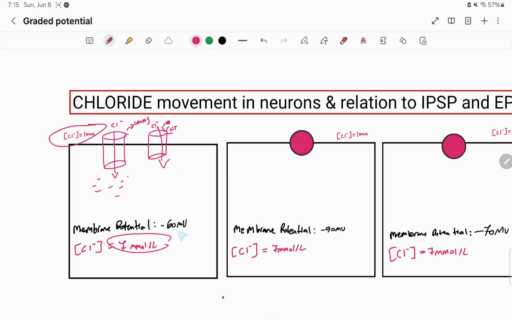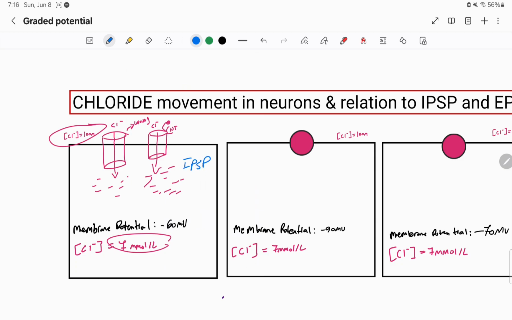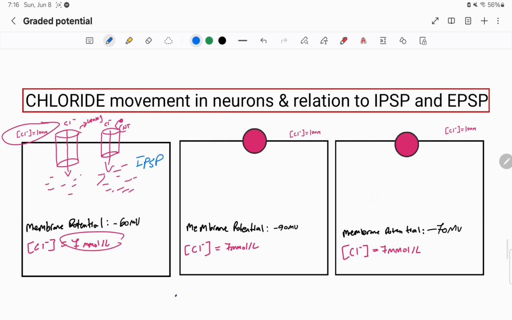And why can it do that? Because its electrical gradient is also in this direction. So it will passively flow down, and it will make the cell very, very negative, causing a what? An IPSP. Great.